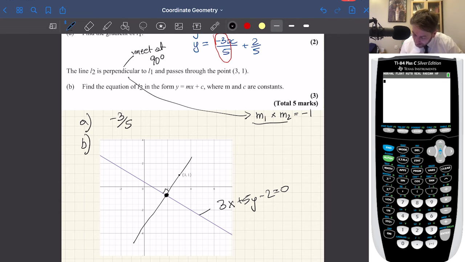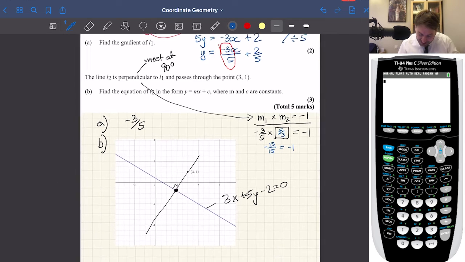That is the formula for perpendicular lines. So if the gradient for the first line was minus 3 over 5, we need to multiply it by something that would give us minus 1. That number has to be positive, and it will have to be 5 over 3, just the reciprocal. If we multiply them together, it gives me minus 15 over 15, which is minus 1.